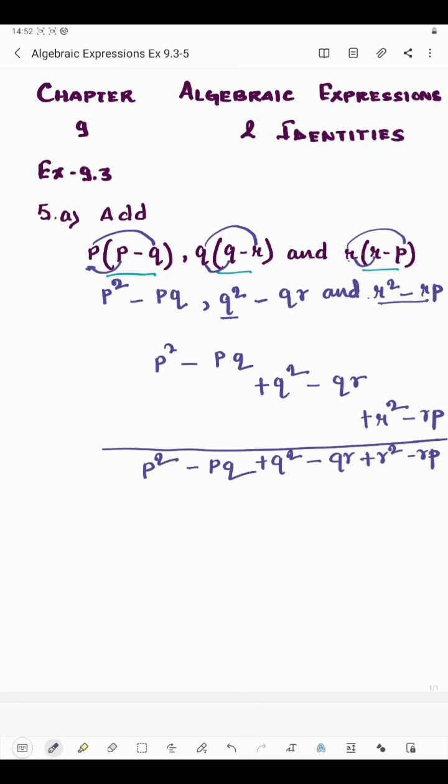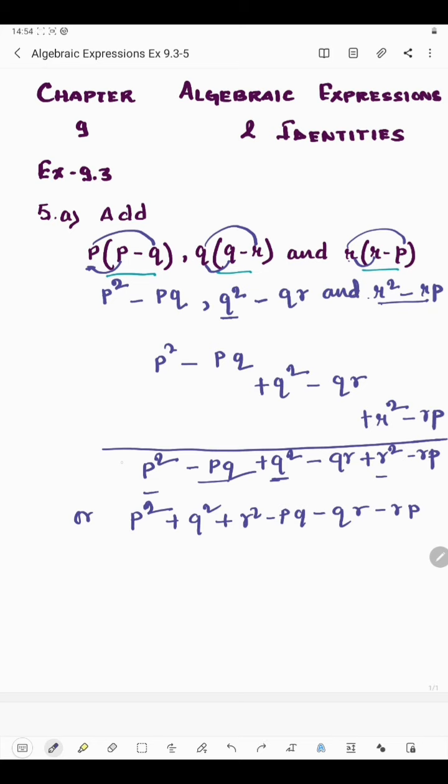Now you can arrange this expression also: p square, then q square. Here in these three terms we have the power as 2. So we'll put these together, and then we will write the terms in which the power is only 1. So it's minus pq, minus qr, and minus rp.